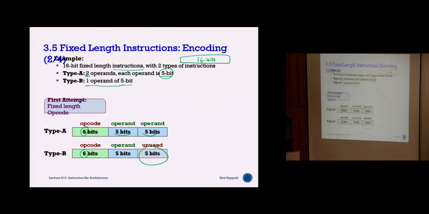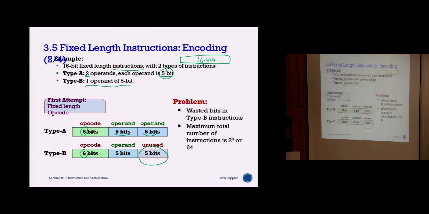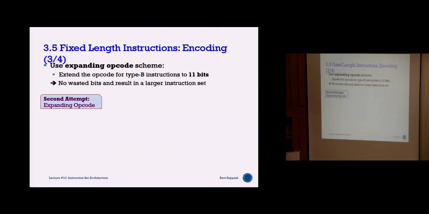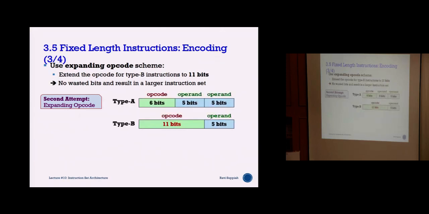So now, what can we do to maximize the 16 bits that I have with a variable instruction length idea or expanding opcode idea? In the expanding opcode scheme, what is the idea? The idea is the instruction length remains the same. So I'm still dealing with the same 16 bits here.